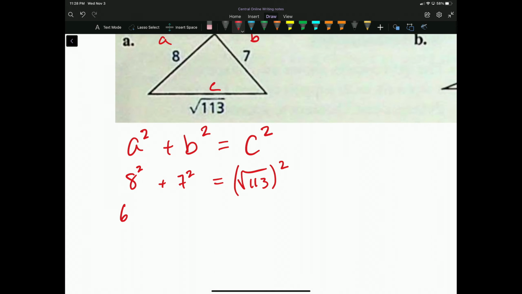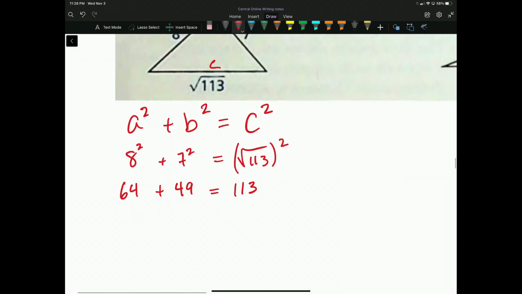That's going to be 64. We know what 7 squared is, that is 49. And when we take the square of a square root, those are inverse operations. So the square root just goes away, and we're going to be left with 113. That'd be like saying I added 5 and subtracted 5 from a number. We're just going to be left with that number.